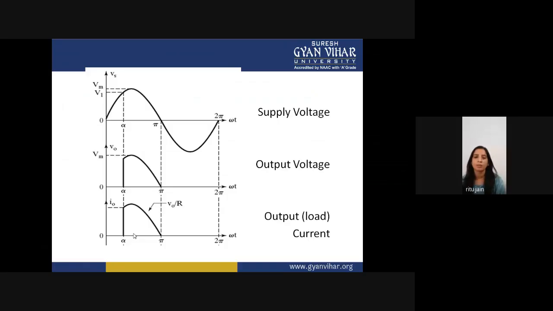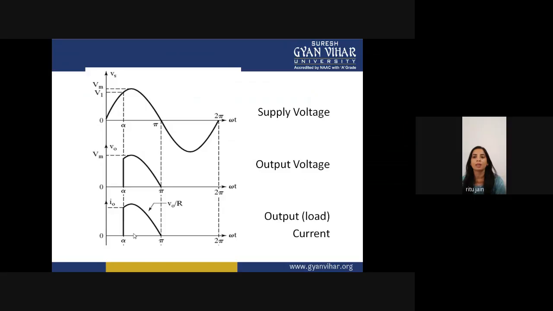In this waveform, when the thyristor is triggered at point alpha, it will conduct from alpha to pi. It will not conduct before alpha, and it will not conduct after pi. Why is it not conducting after pi? The first reason is that the load is resistive, and in a resistive load the voltage waveform and the current waveform are similar.